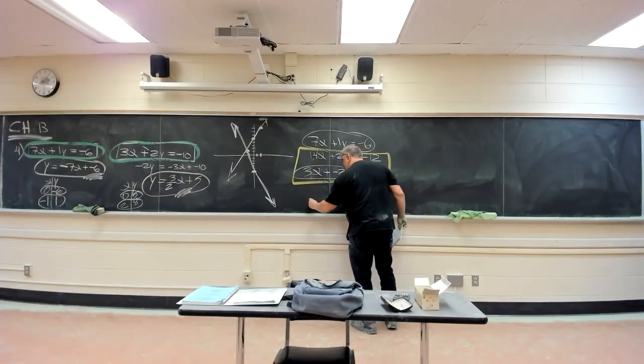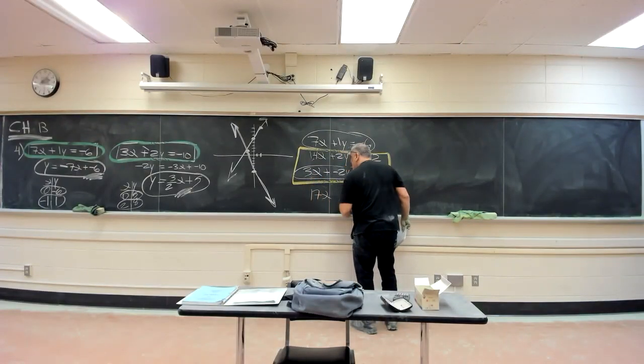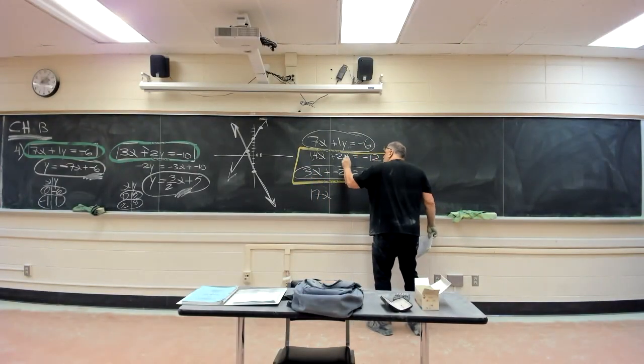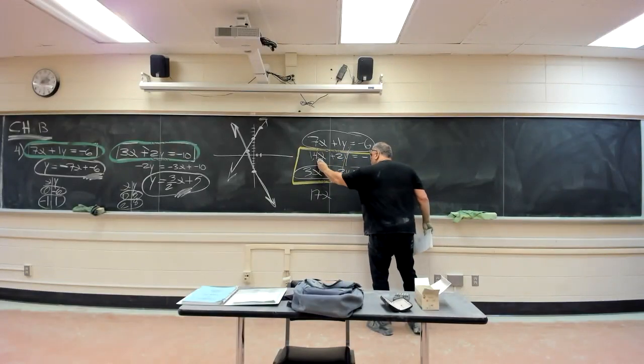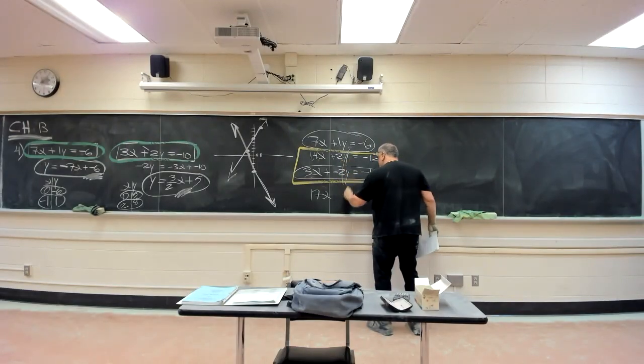14x and 3x is 17x. 2y and negative 2y is 0.